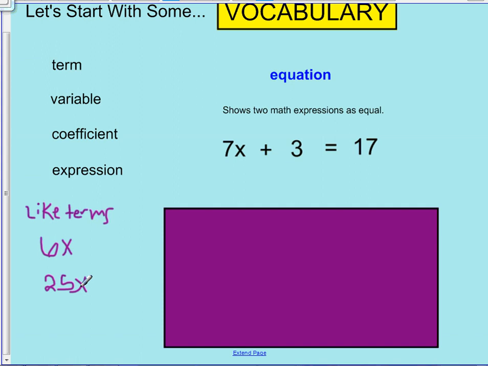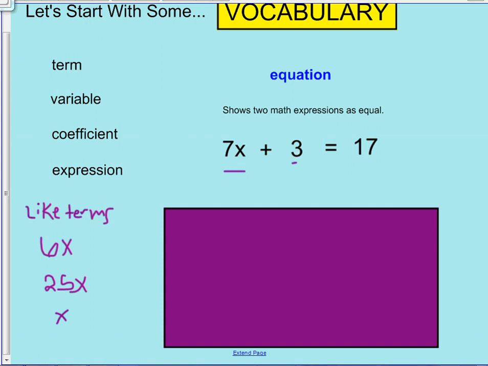They both have x's and they both have coefficients. Even x would be considered a like term, all three of these. So you could add 6x plus 25x plus x, and you would get 32x. Okay? So, for example, these are not like terms because this has an x, this does not have an x.